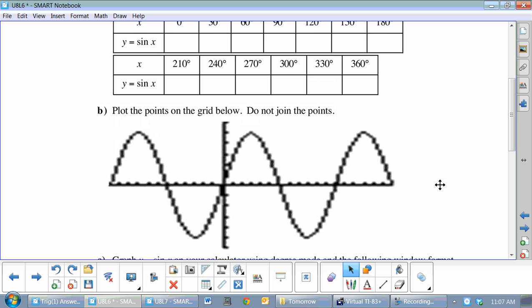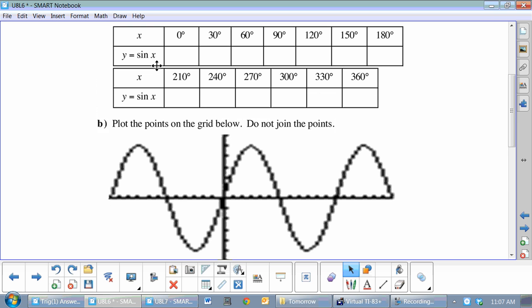Okay, so I want you to look at these points here. At 0, you can see that it is 0, right? So let's look at some of the key points. Now the sine graph at 90 degrees, what's the y value? 1, right?